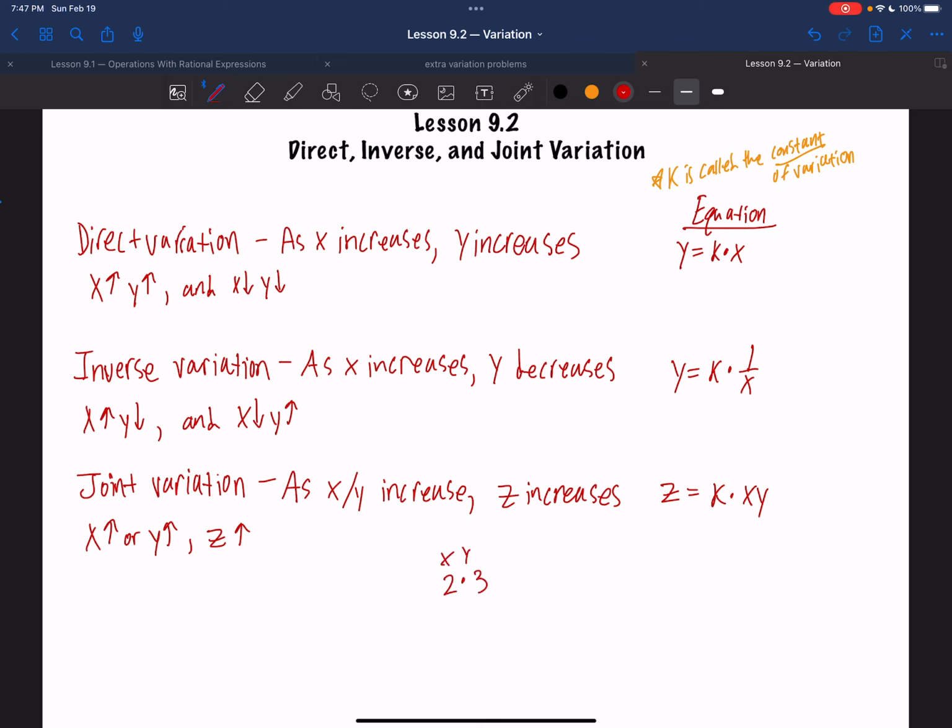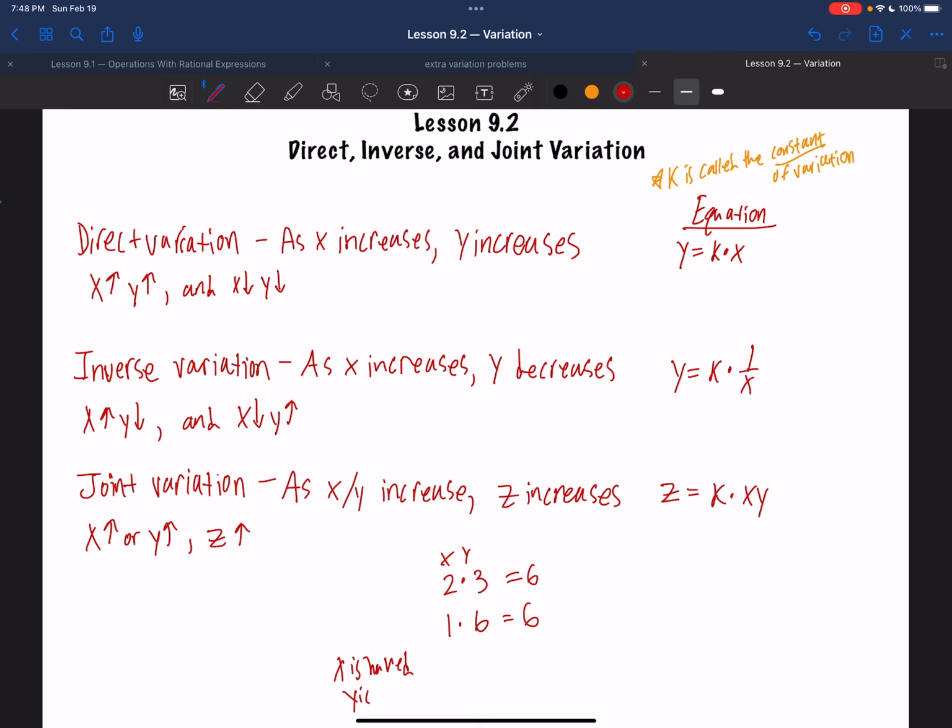And let's say that I halve x, so 2 becomes 1, and I just double y, so y becomes 6. So x is halved, y is doubled, right? Then 2 times 3 is 6, but 1 times 6 is 6. And so nothing changed, because you've halved one of them, but you've doubled the other, so it stays the same.